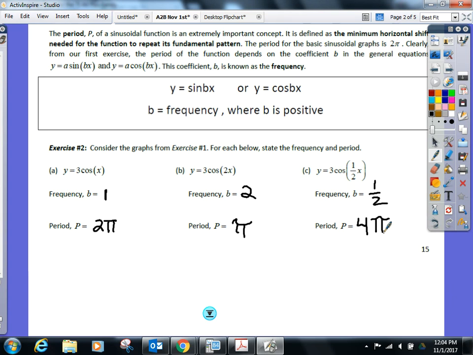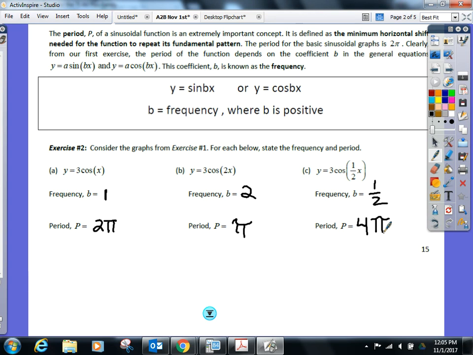Everyone see that? As the frequency got smaller, the period went from pi to 2 pi to 4 pi, it got bigger. So there's what we call an inverse relationship. Big word there. Use it tonight at the dinner table. As the frequency gets smaller, your period gets bigger.